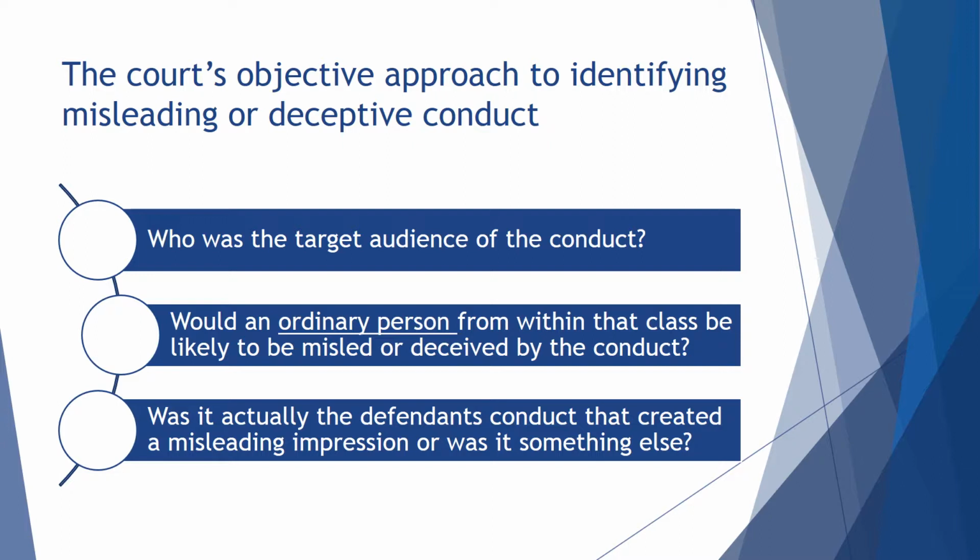We're not so much going to touch on the third, but they look at who was the target audience of the conduct, and would an ordinary person from within that class, so within that target audience, be likely to be misled or deceived by the conduct. They'll also look at whether it was actually the defendant's conduct that created the misleading impression or whether it was something else, but we're not going to look too much in detail at that today.